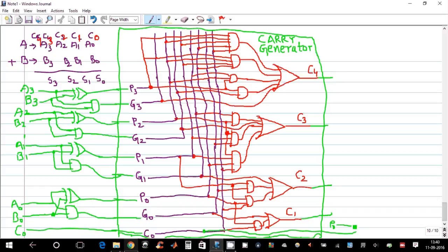If I just do the XOR operation here, I will get my S0.